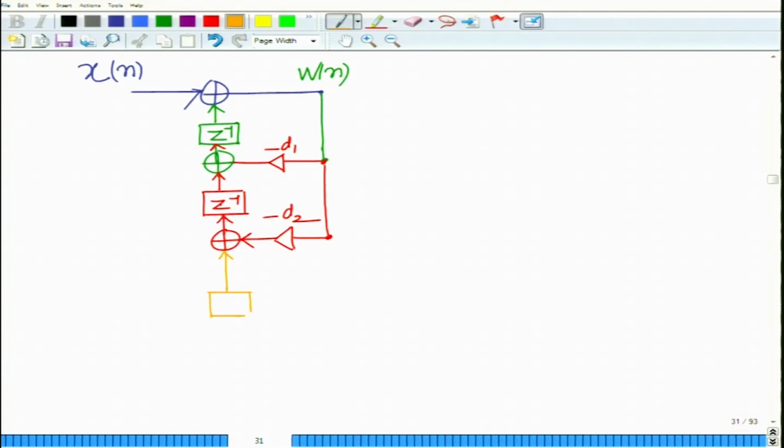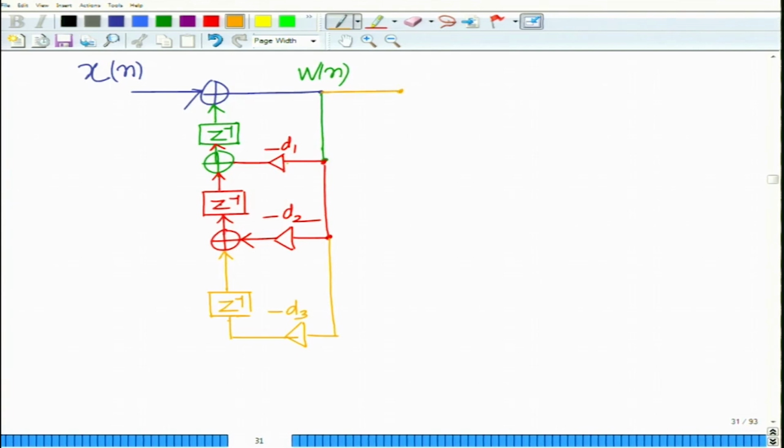This is an adder, this is a delay, and here of course, there will be another gain that will be minus d3, and this W[n], we will complete this later, is being passed forward.